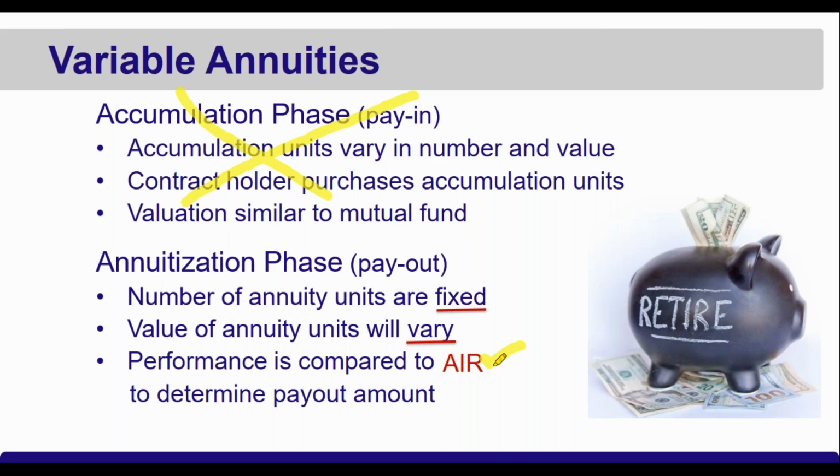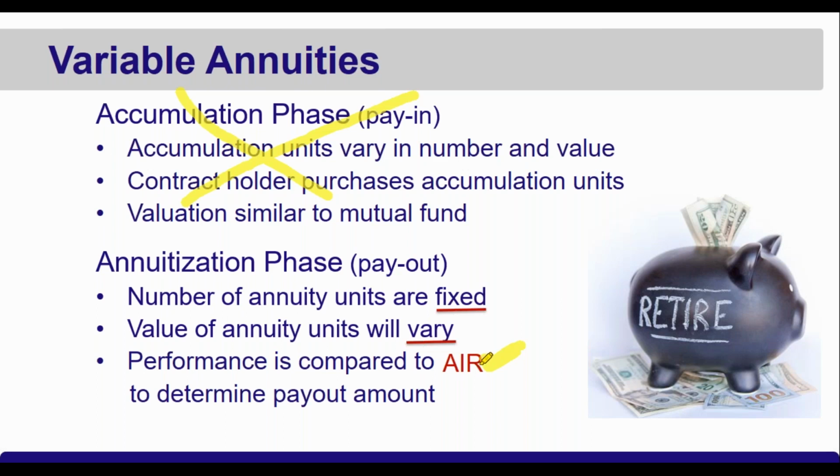And the way that's done is by, again, the projection, the expected return, which was done by assuming an interest rate, comparing to what the performance of the investments actually did. So it's basically just actual return compared to the expected return. If the actual return is better, then they're going to send him a bigger check.